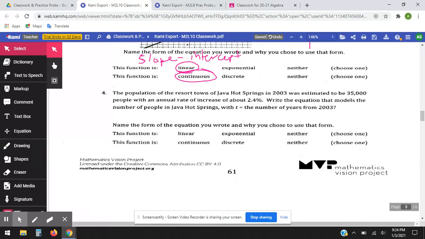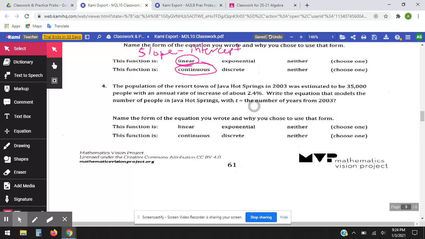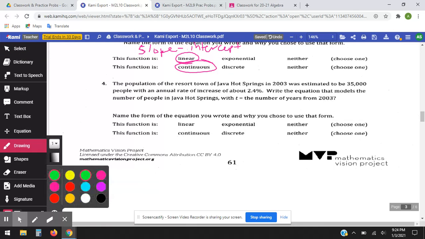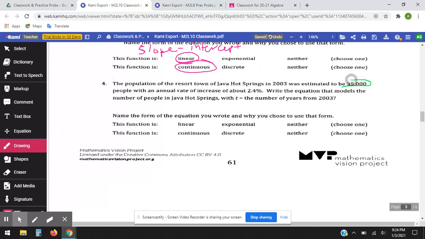Next, the population of the resort town of Java Hot Springs in 2003 was estimated to be 35,000 people with an annual rate of increase of about 2.4%. I want the equation that models the number of people in Java Hot Springs, with t being the number of years from 2003.